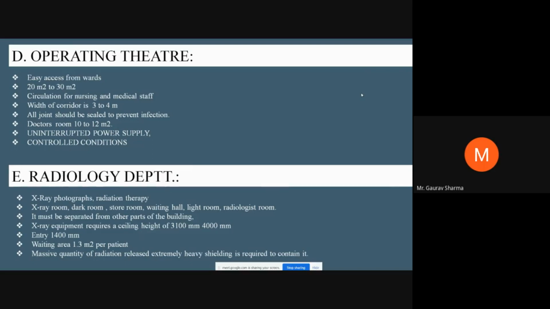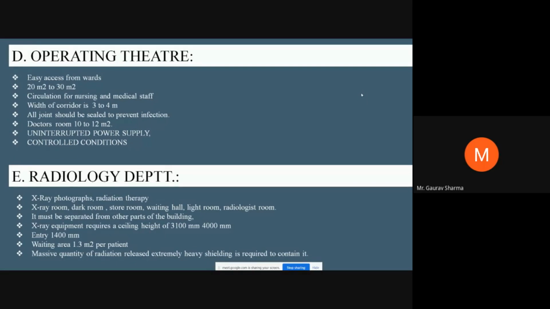It is because visitors may have chances to be infected by the patient who is being treated inside, and that's why proper care should be taken so that infection does not spread outside of the OT, and the people working inside the OT also work with proper care and safety. So joints should be sealed properly. That is the main motto.